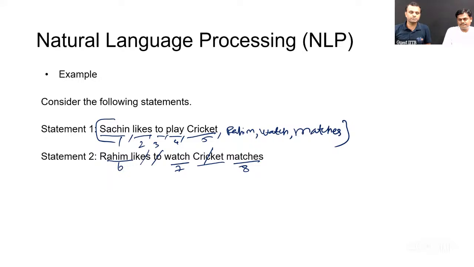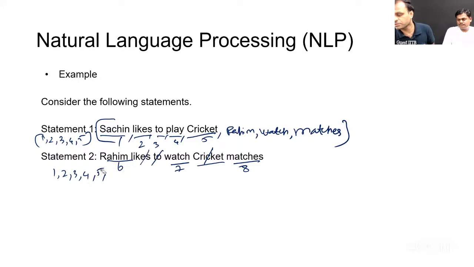We could make the lemma, like watch and match, all those things will be single, but likes becomes like that. But now, if I want statement 1 as the document vector, statement 1 is basically a combination of 1, 2, 3, 4, 5 from the document vector.